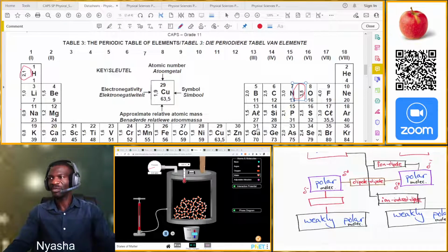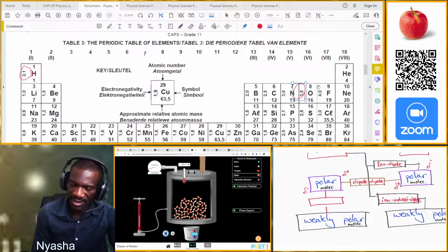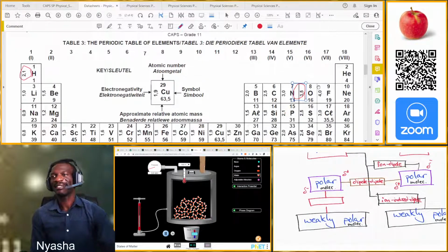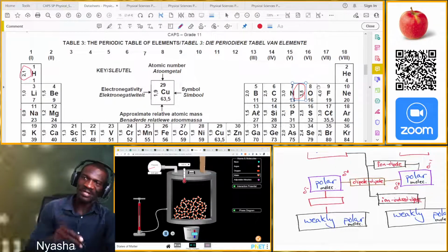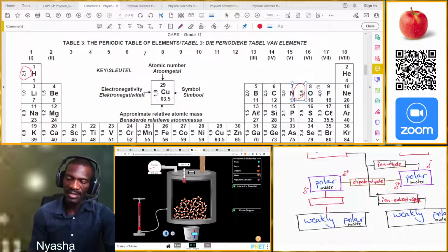What is the interaction between a polar molecule and a weakly polar molecule? This polar molecule has a dipole, isn't it? This weakly polar molecule usually polarizes when there is something charged that approaches it. So in this case, a dipolar molecule approaches it.